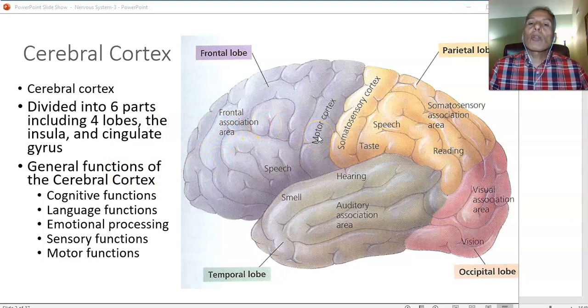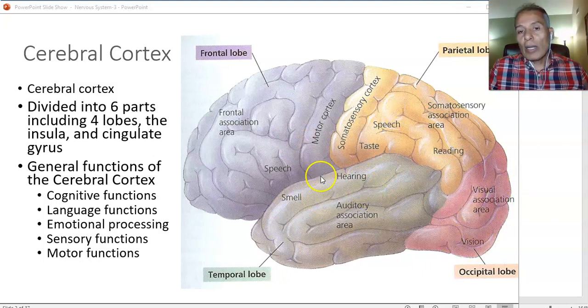So the cerebral cortex has 4 visible pieces and 2 invisible ones, 2 that you cannot see on the surface. The first part is the frontal lobe, then the parietal lobe, the occipital lobe, and the temporal lobe.